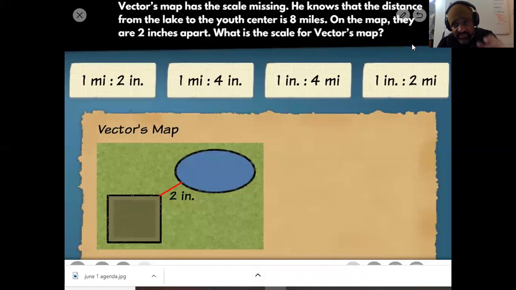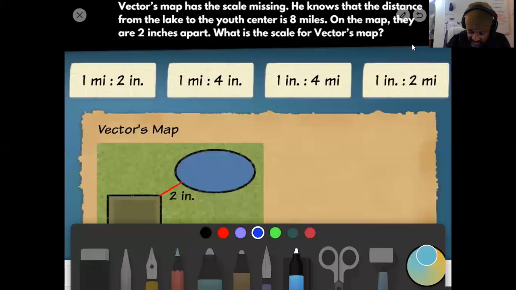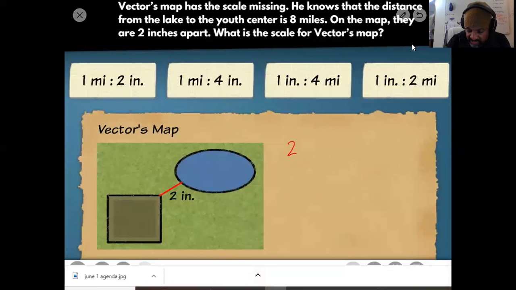On the map drawing, they are only 2 inches apart. So what is the scale for Vector's map? So basically they're saying the actual distance from the lake to the youth center is 8 miles, but on the map is represented by 2 inches. So you're going to use that. Let's make this red. It's going to be 2 inches over 8 miles.